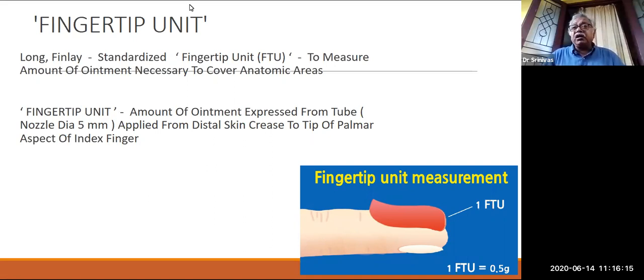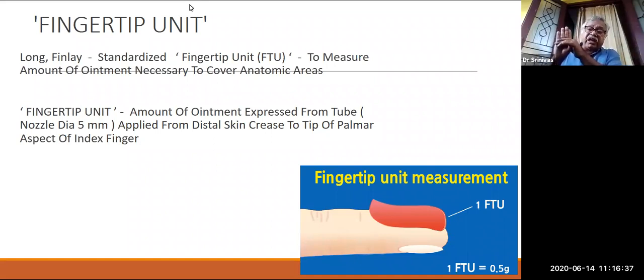So from that point of view, to educate the person and to minimize the side effect, we have to tell the person how much steroid he must use. And you all well know the Finlay method, wherein 2 hand areas is equal to 1 fingertip unit. So you tell them, look, for 2 hands we require this much.